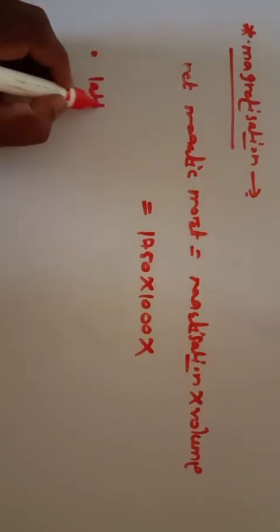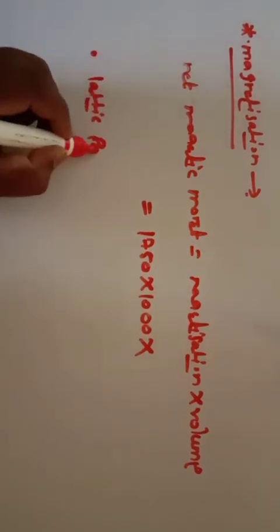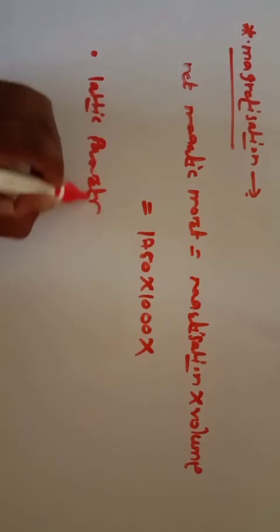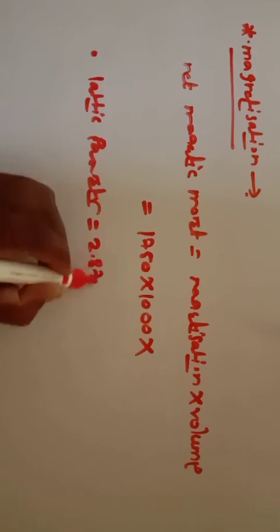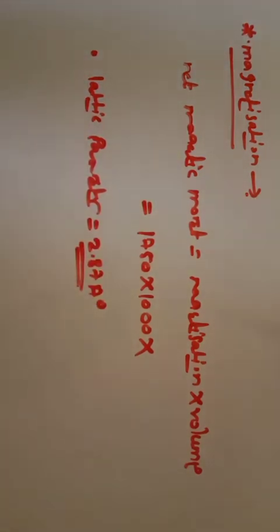To find the volume, they give you the edge length, that is the lattice parameter, 2.87 angstrom. So what is this lattice parameter, and how will you find the volume of the cube?